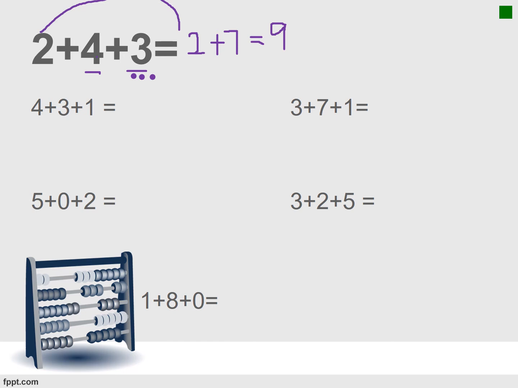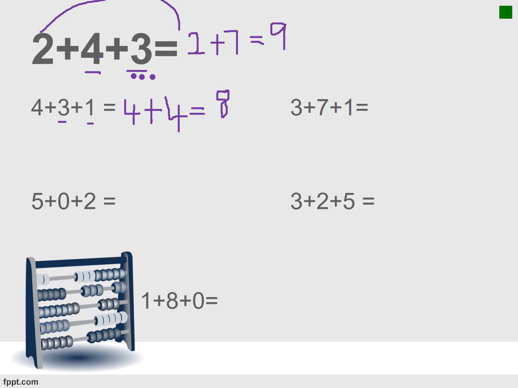So the first number will be here, number 4. And let's add the last two numbers. Last two numbers are 3 and 1. 3 plus 1 is 4. And 4 plus 4 is 8.